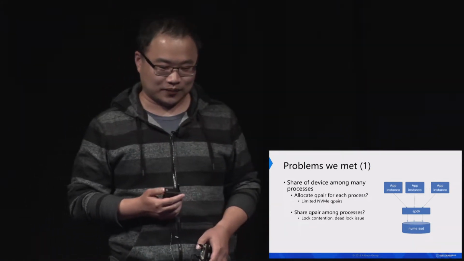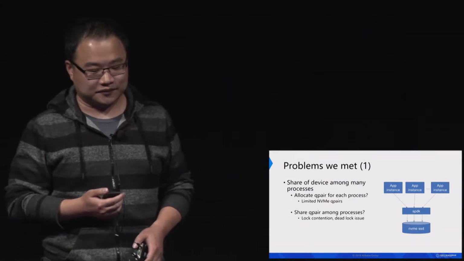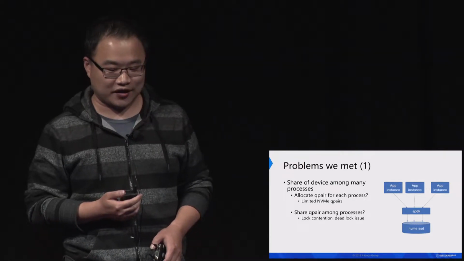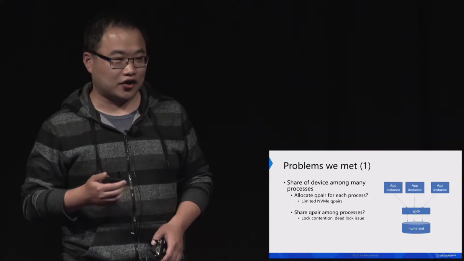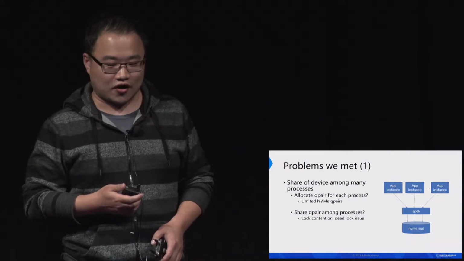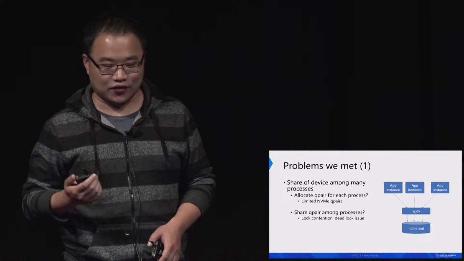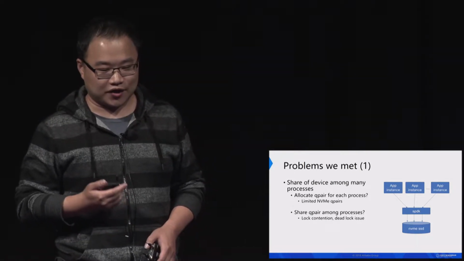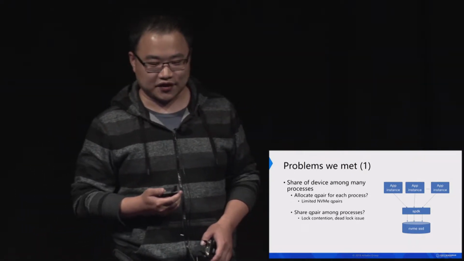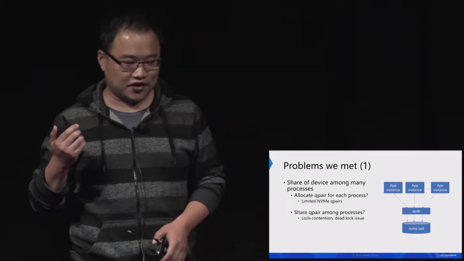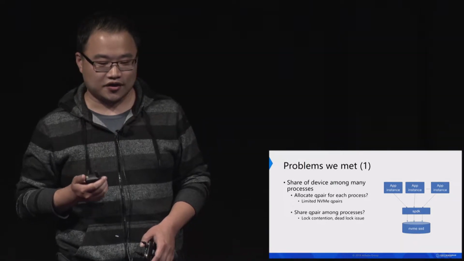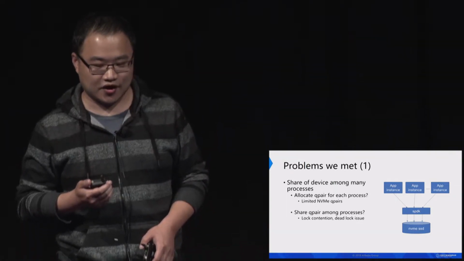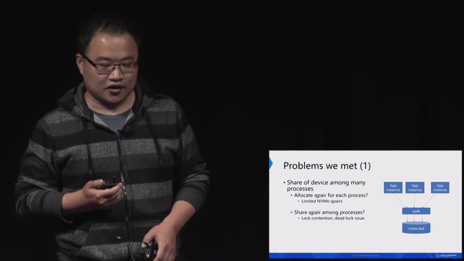In this slide, we cover some problems we have met when we adopt SPDK to deploy our storage service for our applications. One critical problem, as the previous speaker from Oracle also mentioned, is the limited number of NVMe queue pairs on the device side.